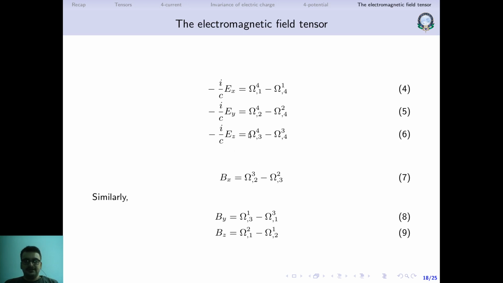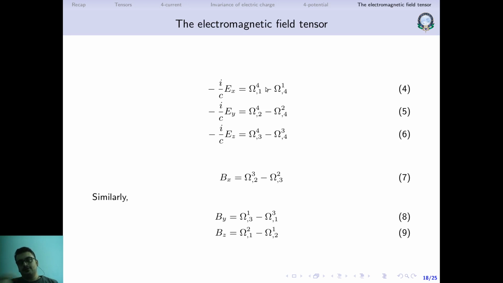So how do you get 6 components out of 16? What we need is basically a skew symmetric matrix, a skew symmetric tensor. In this skew symmetric tensor, the diagonal elements will be 0. Just imagine a 4 cross 4 matrix.